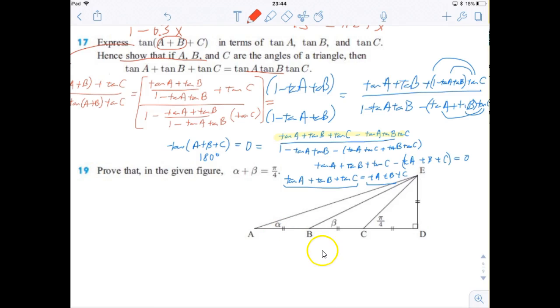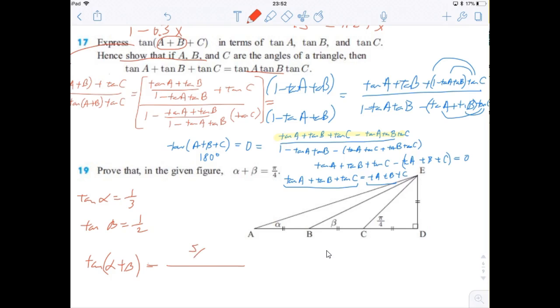Maybe we could do that by using tangent. So let's say, okay, tangent of alpha is equal to, looks like 1 divided by 3, right? Tangent of beta is equal to 1 divided by 2. Now let's see the tangent identity to figure out what the tangent of alpha plus beta is. So that would be equal to those two tangents added together, so 1/3 plus 1/2.